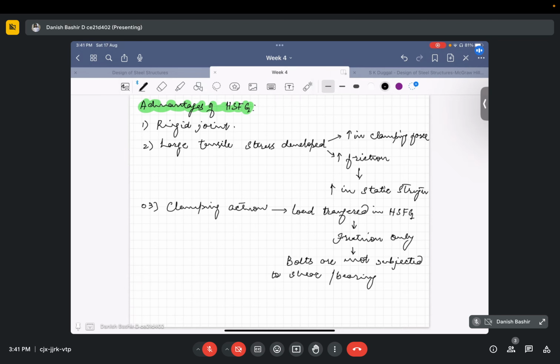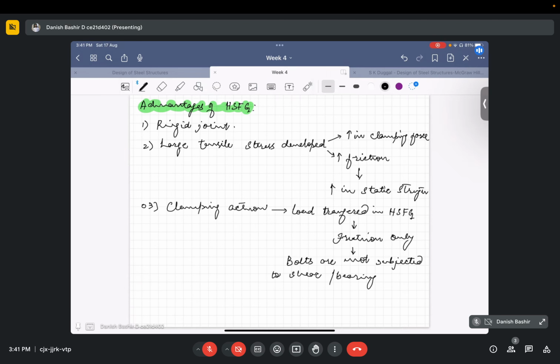If you see that the load is mainly transferred through the frictional action between different interfaces, there is very little chance of force being transmitted through the net section. Wherever we make holes in our plates and members, there is a critical section where we calculate the net section. That becomes ineffective in the case of high strength friction grip bolts because forces are transferred through interfacial friction.